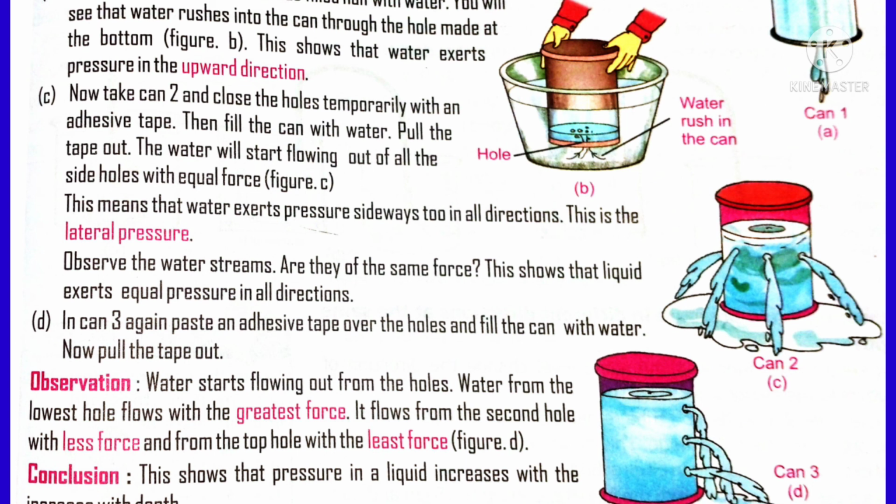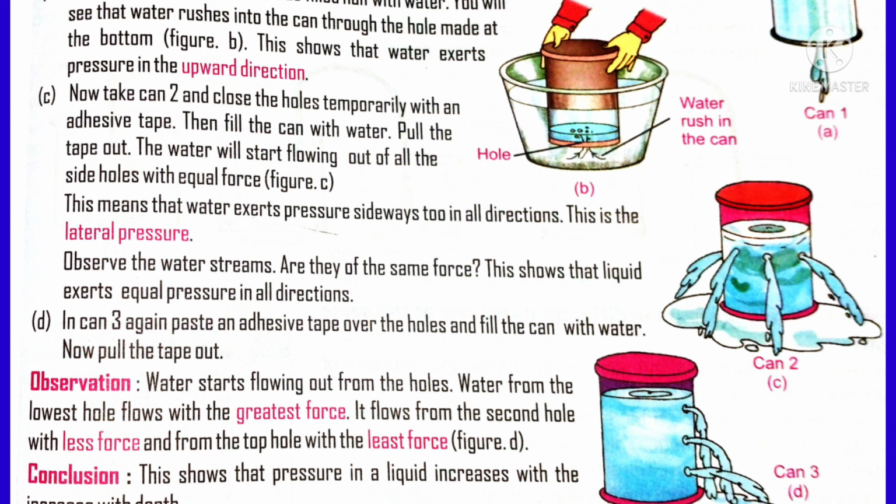We observe that water starts flowing through the holes, but water from the lowest hole flows with the greatest force, whereas from the second hole water flows out with less force, and from the third hole water flows out with the least force, very, very less force.